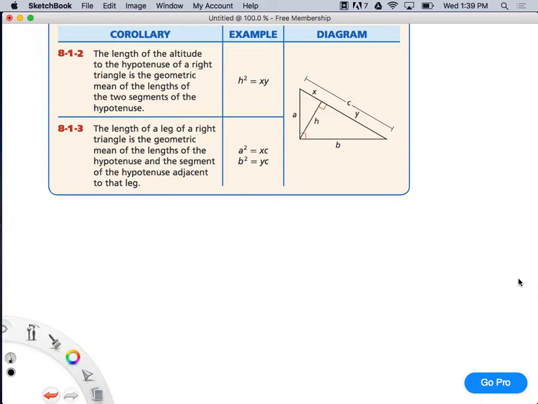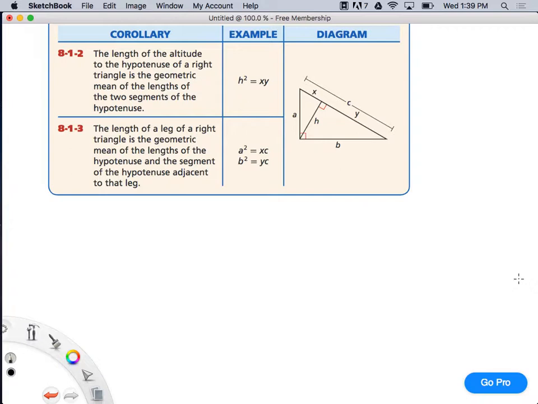So for instance, let's say that this was 4 and this was 16. This one's 4 and that's 16, right? And I ask you to solve for h. If this is h, I'm trying to solve for h, right? Well, this tells me that h squared equals x times y.